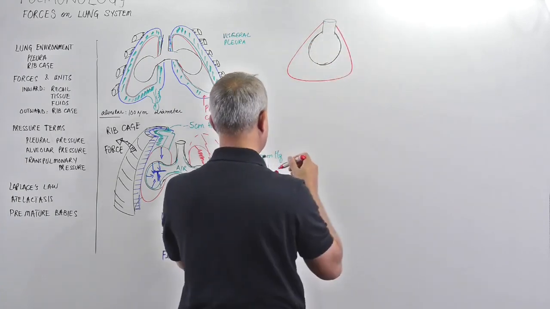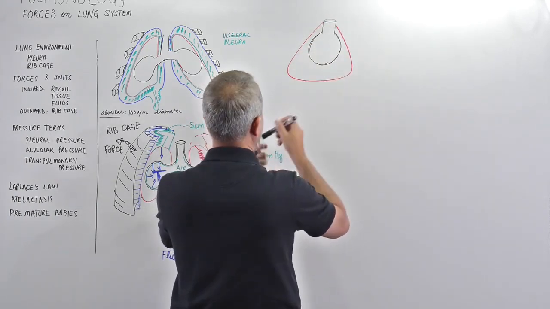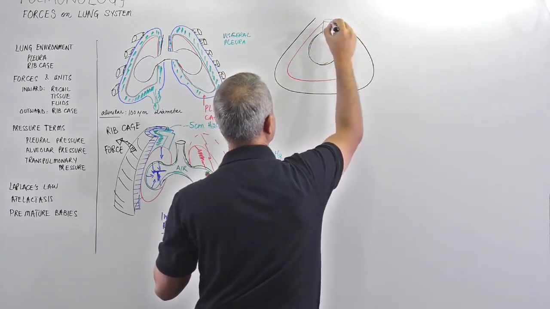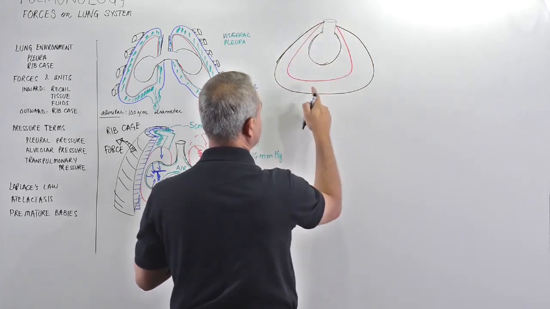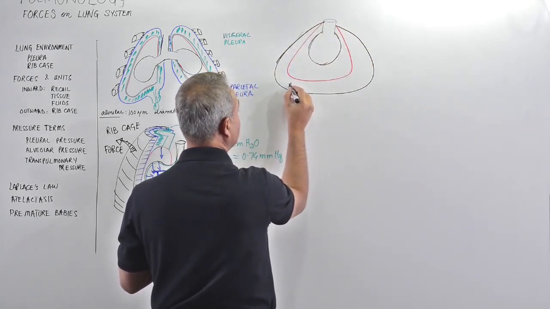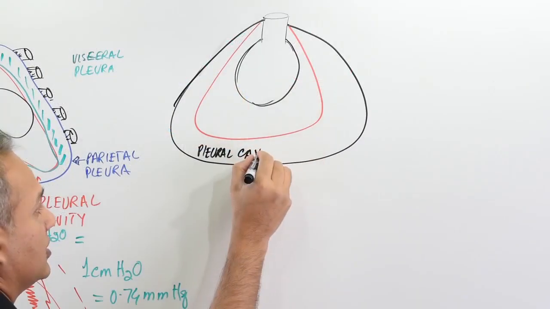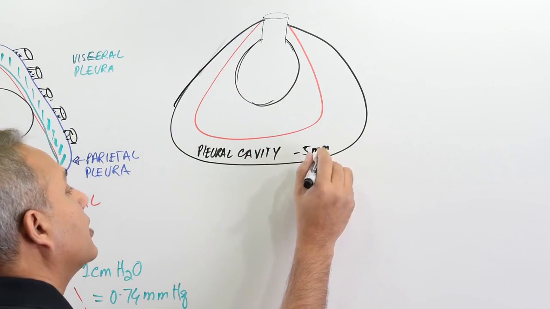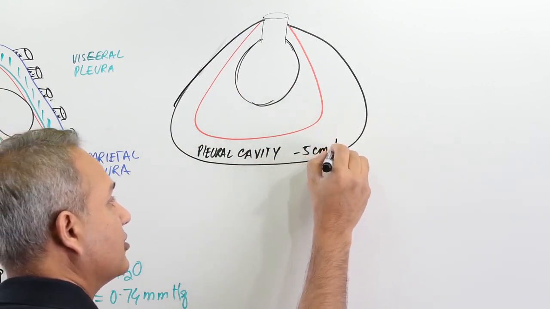So let's say this is the lung. This is the intrapleural or pleural cavity, with the pressure -5. Sorry, I keep saying millimeter of mercury, I'm so used to that. Centimeter of water.